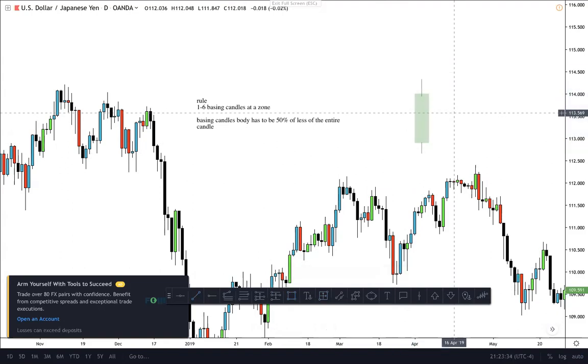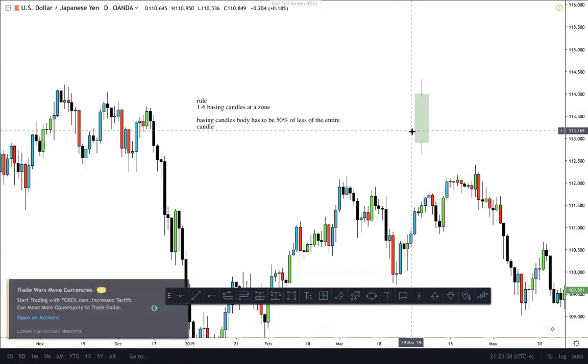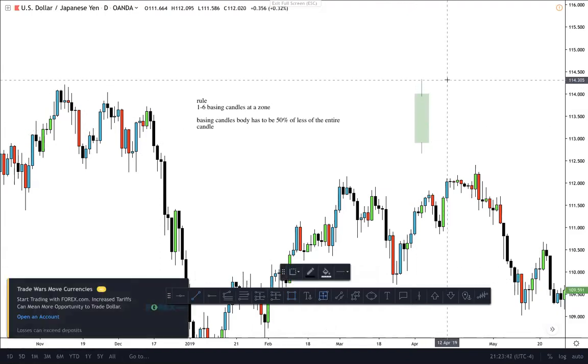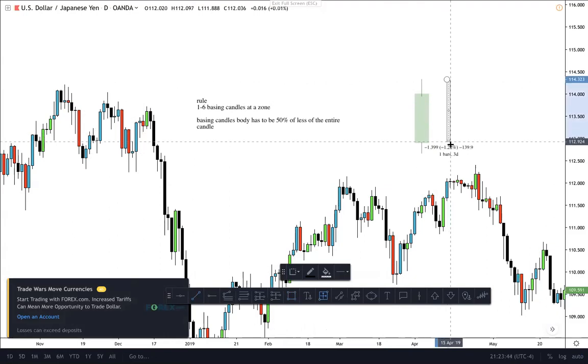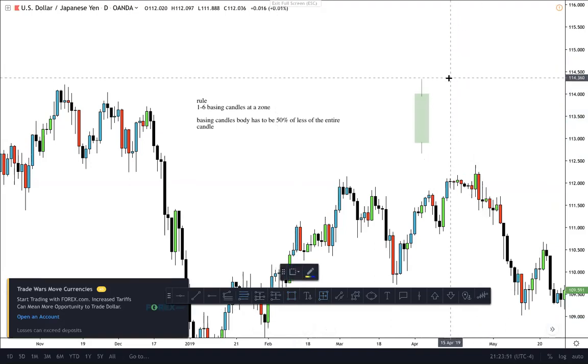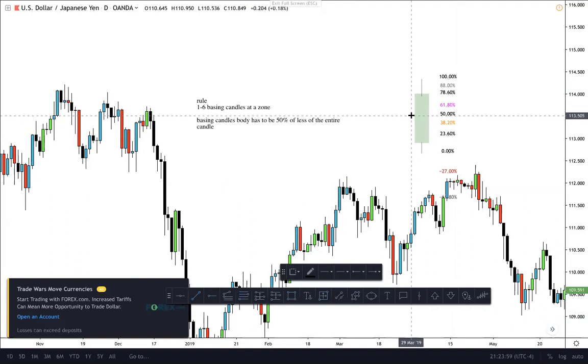If you know the anatomy of the candle, you know this is the body and this is the wick. This is the entire candle. When I say the body has to be less than 50% of the candle, I'll use a Fibonacci tool. So we know this would be 50% of the candle right here.